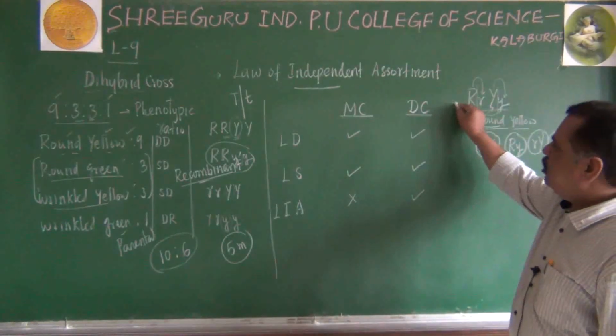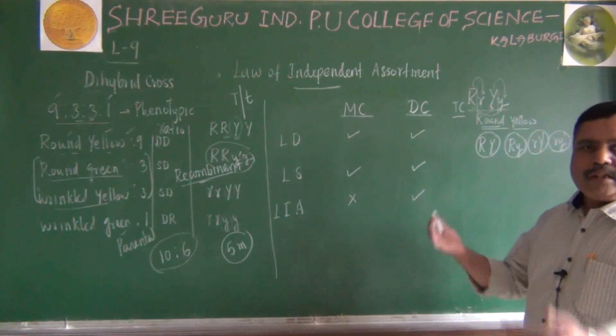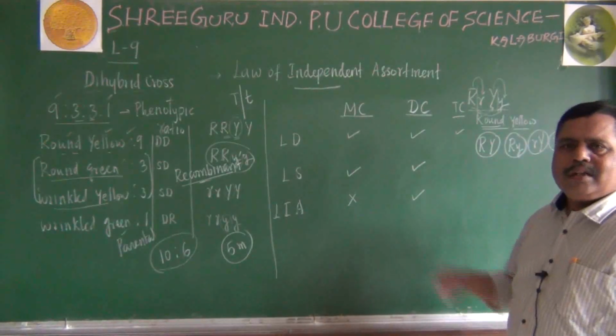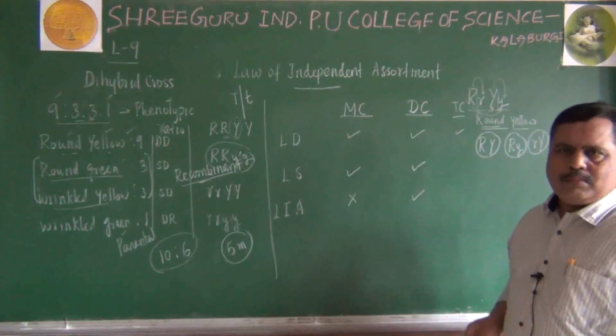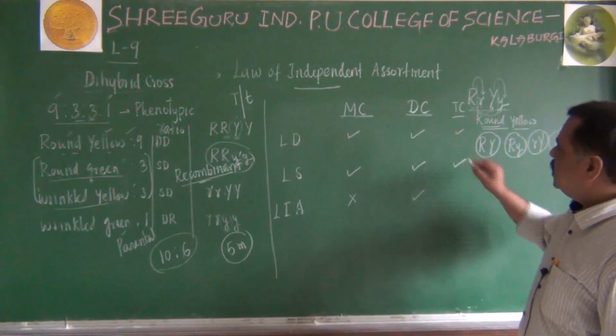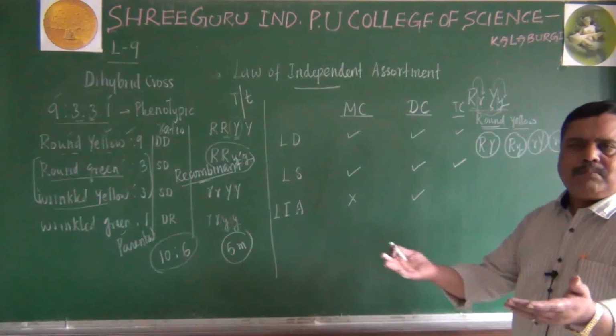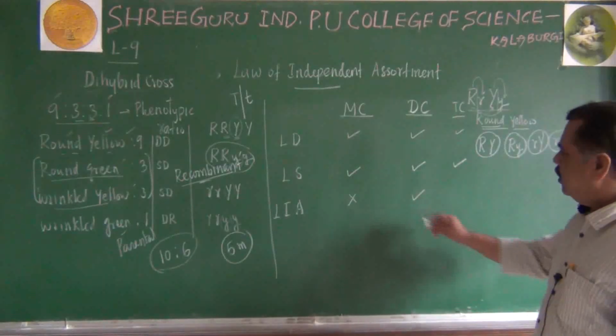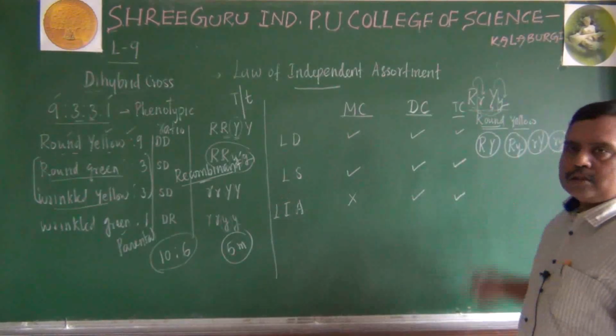So what about trihybrid cross? For example, if you take 3 characters, there also dominance will be possible, if not, incomplete dominance or codominance. Phenomenon of dominance will be possible. And there also segregation will be possible because gametes should be produced. During gametogenesis, segregation is possible. Independent assortment is also possible.